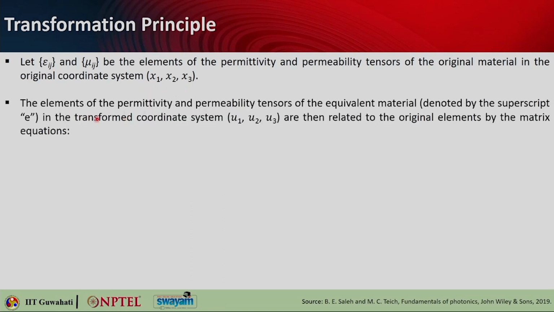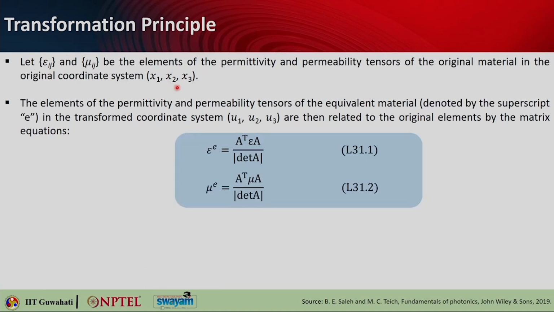Now, the elements of the permittivity and permeability tensors of the equivalent material can have a superscript of E, that is the equivalent material that will bring the desired functionality. And this will be in the transformed coordinate system u1, u2 and u3, and these are then related to the original elements by these equations.